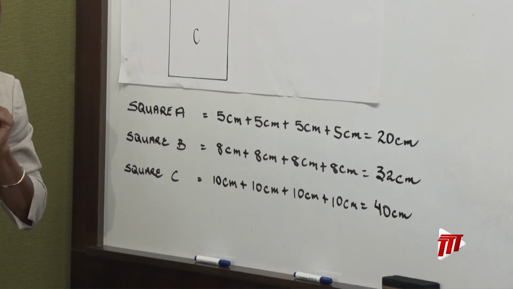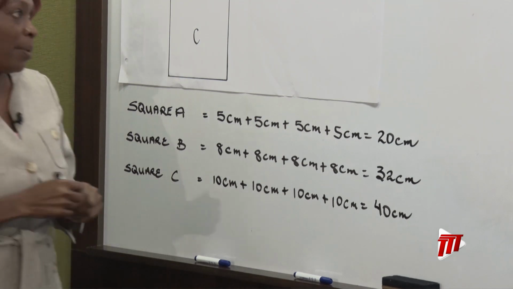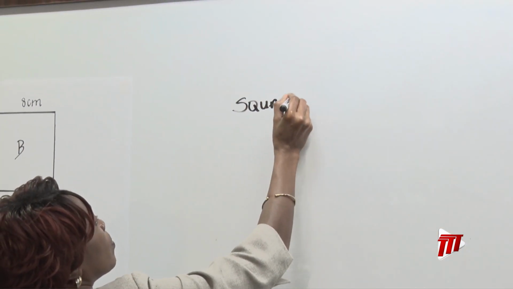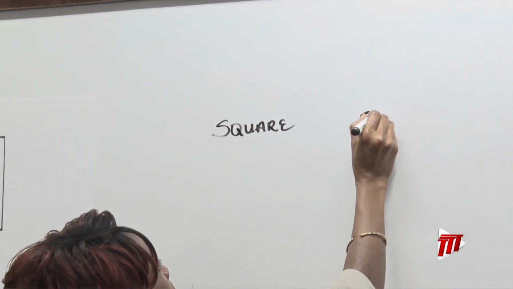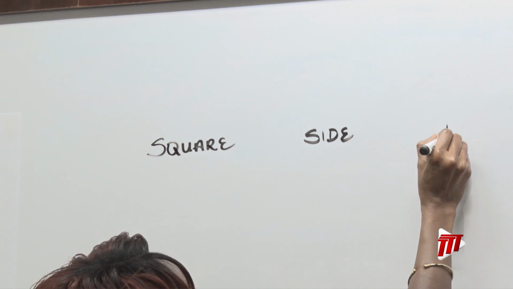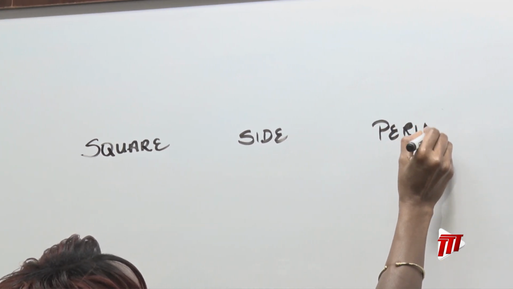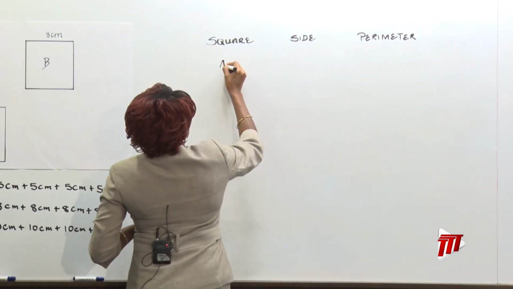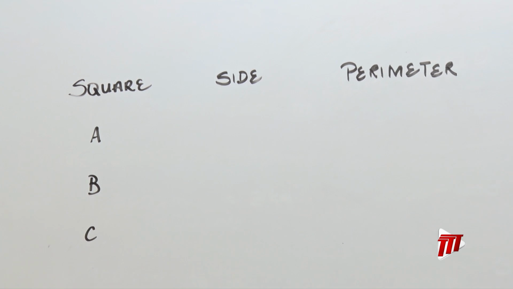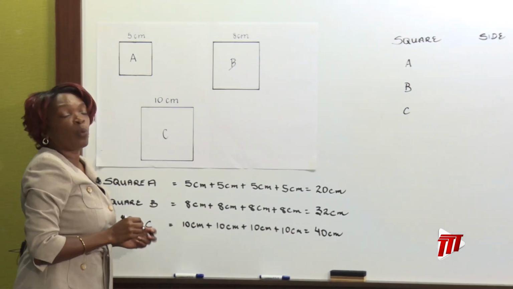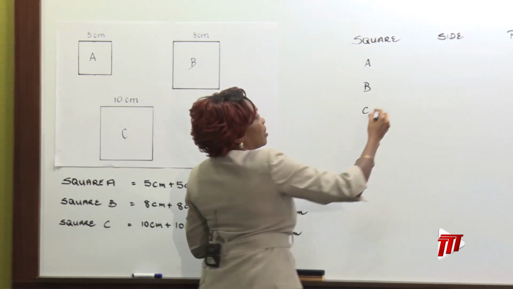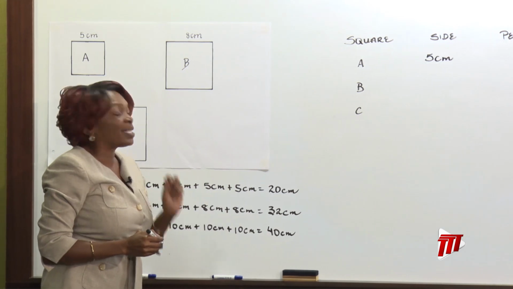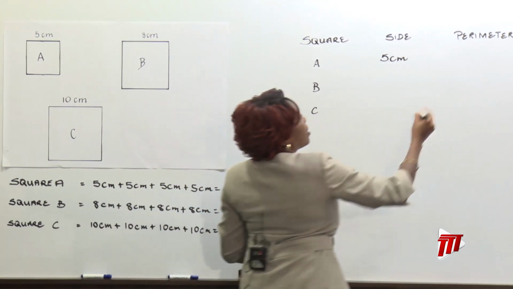I'm going to put up some information on the table now. Look at me. Right. Square A, square B, square C. What is the length of one side of square A? 5 centimeters. After adding all the sides, what is its perimeter? 20 centimeters.